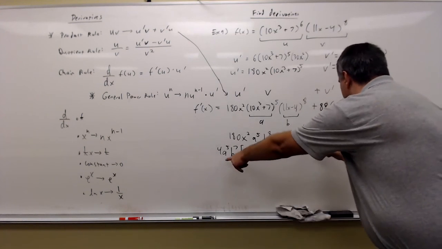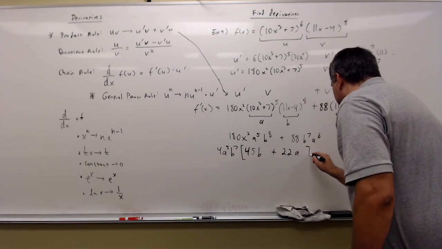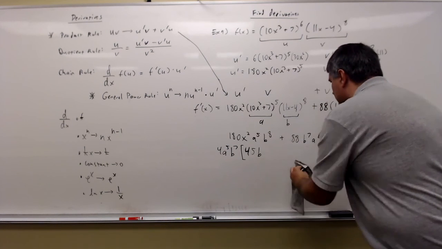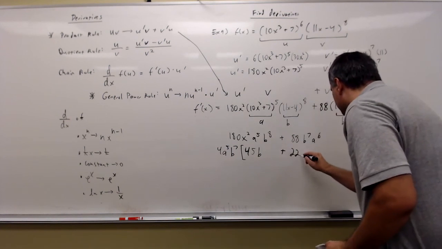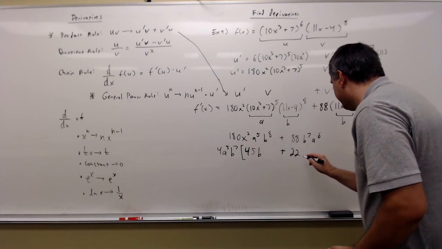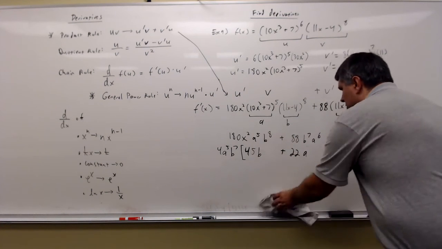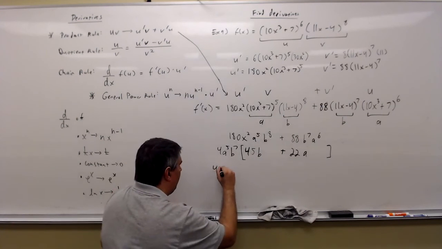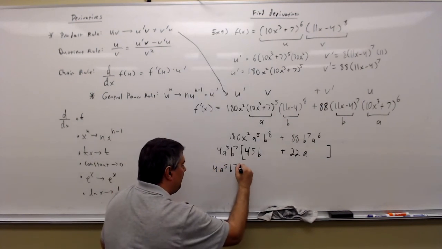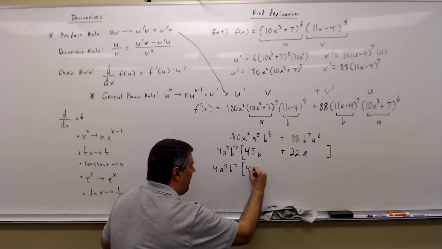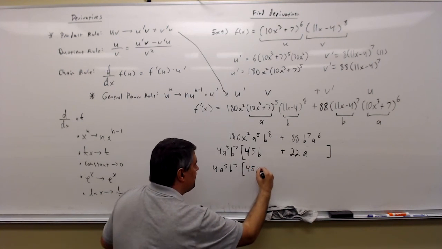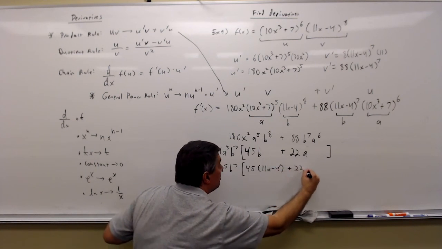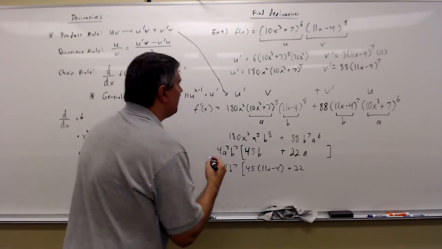The b's would cancel, we'd be left with a to the 1st. So I'll go ahead and put things back: 4a to the 5th, b to the 7th, 45, b is 11x minus 4, plus 22, a is 10x cubed plus 7.